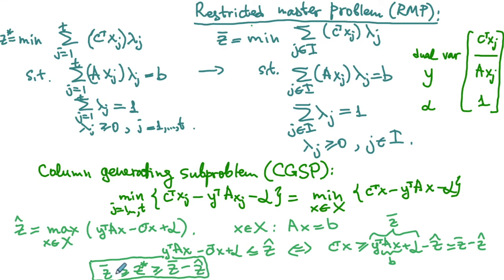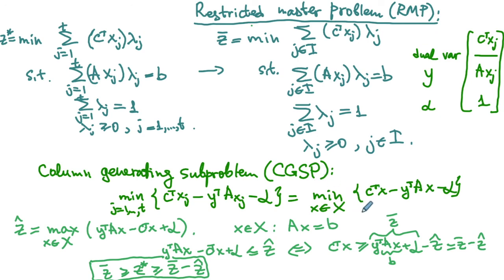To summarize, a step of the Dantzig-Wolfe decomposition method consists in solving the restricted master problem first, which only uses a small subset of the variables of the master problem. Then we try to generate the column by looking at the smallest reduced cost, which is obtained by solving the column generating subproblem.